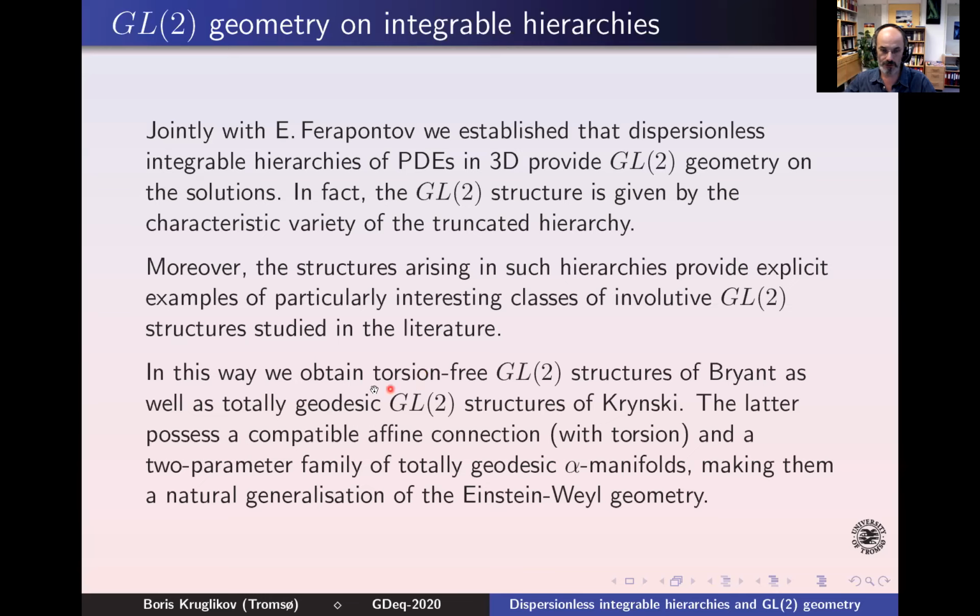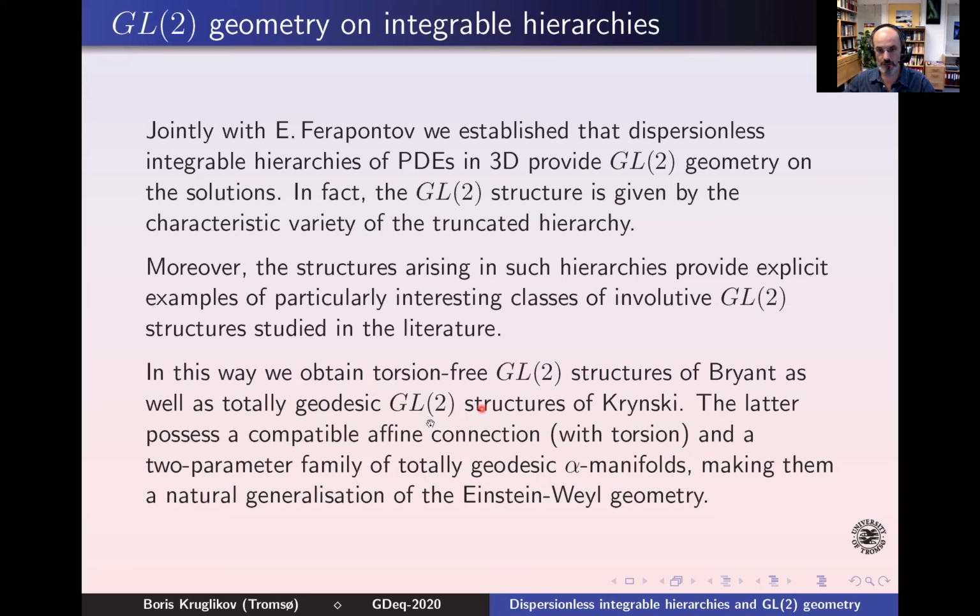So in particular, we obtained, as I mentioned before, torsion-free GL2 structures of Bryant and totally geodesic GL2 structures of Krynski. This totally geodesic GL2 structure is equivalent to saying that it possesses a compatible affine connection. Well, torsion may exist, and there is a two-parametric family of totally geodesic alpha manifolds.